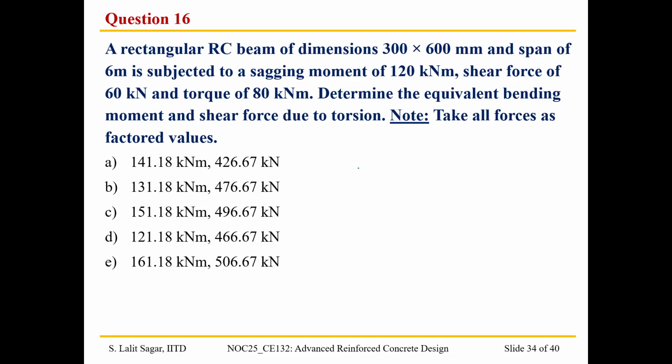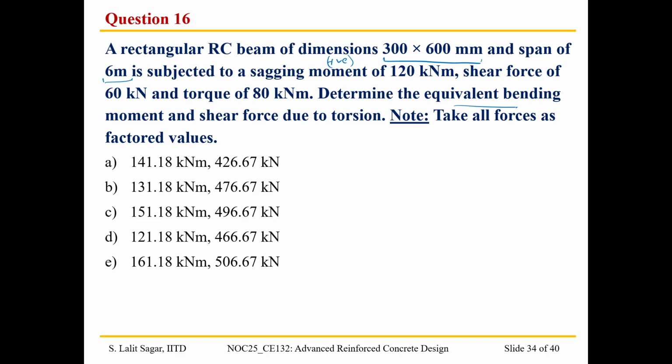So the question is, we have a rectangular reinforced concrete beam of size 300 by 600 mm. It has a span of 6 meter, subjected to a sagging moment, that is positive moment, of 120 kilonewton meter, and the shear force is 60 kilonewton and torque is 80 kilonewton meter.